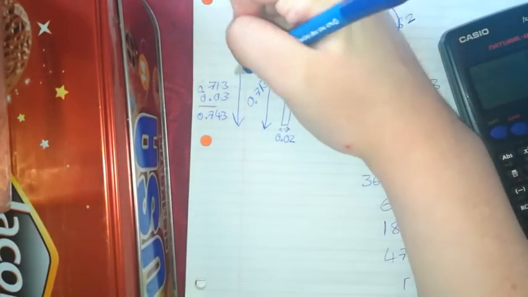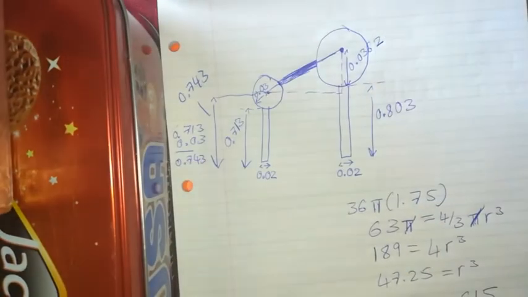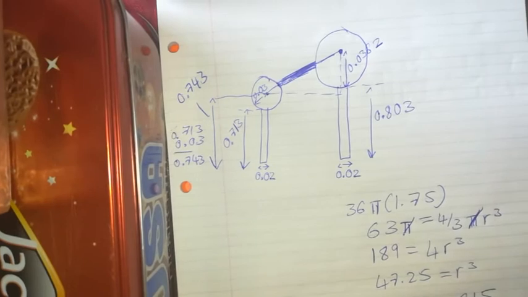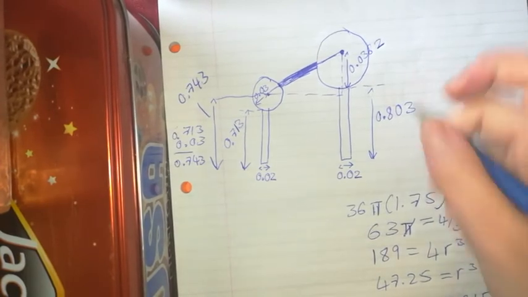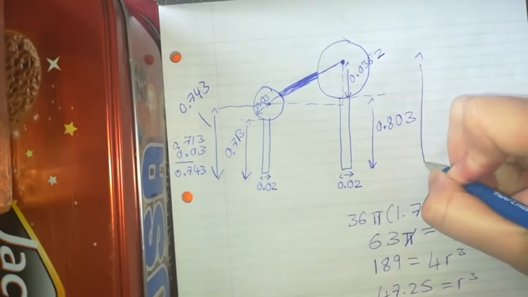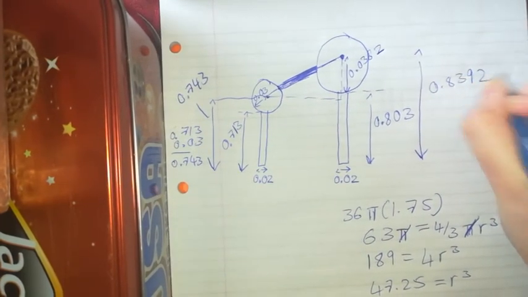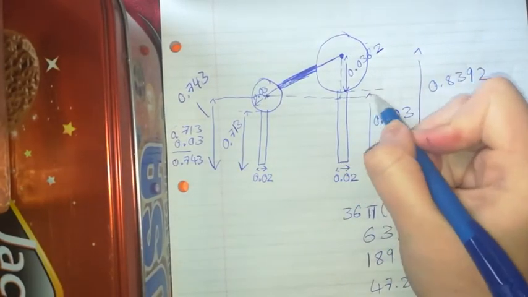So this here is 0.743, and then this one here is going to be 0.803, plus 0.0362. So the whole of this is 0.8392.